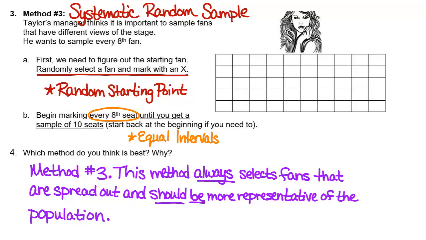This one is always going to make sure that I get people that are spread out throughout that theater. With cluster random sampling, I'm not getting people that are spread out in all the different rows and all the different columns. So ideally, since I've got people from all over the theater here, this one should be more representative of my population.